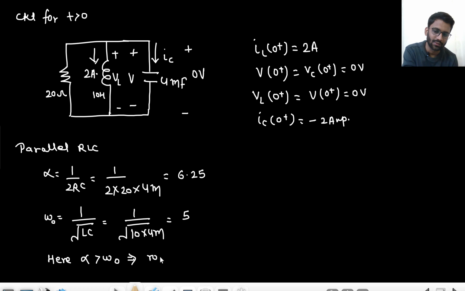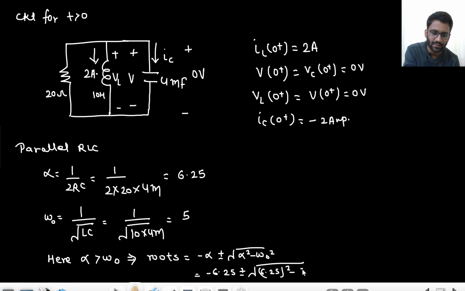What are the roots? Roots are minus alpha plus minus root alpha square minus omega naught square, that means minus 6.25 plus minus root 6.25 square minus 5 square. So basically your roots will be minus 10 and minus 2.5.